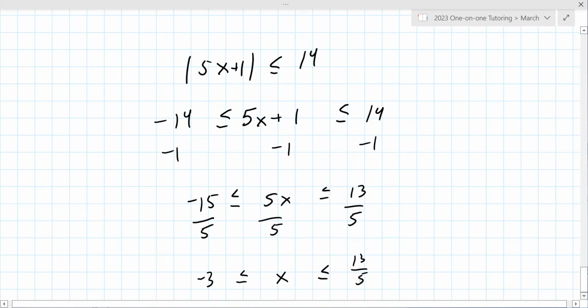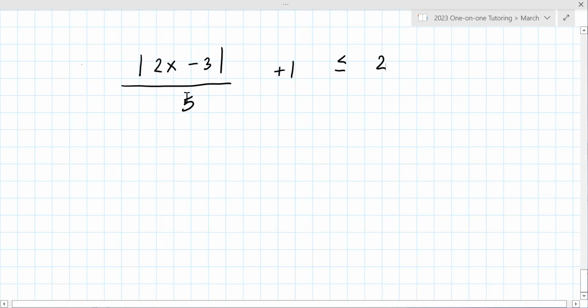Okay, one other problem for us to do together before we move on to the other case. Let's say I did something like 2x minus 4. That wouldn't be, they wouldn't get that. Let's do a 3 over 5 plus 1 less than or equal to, let's go just 2 here.